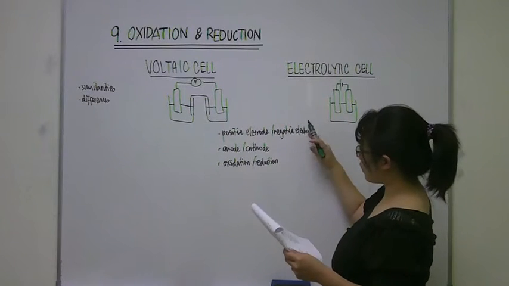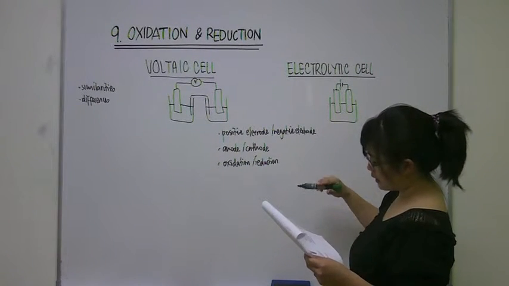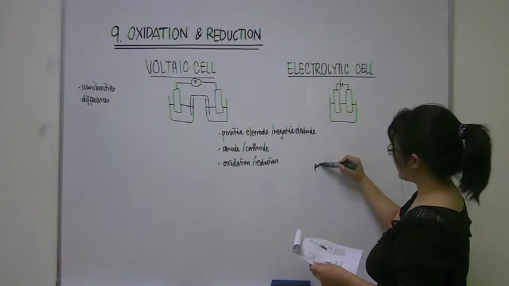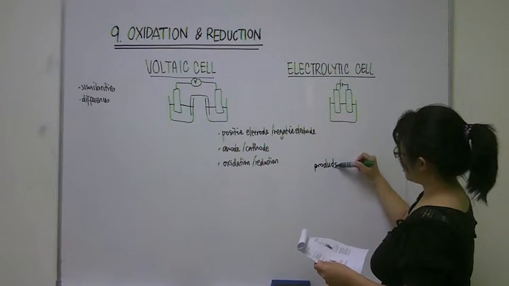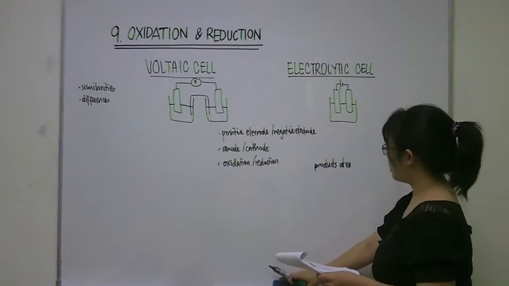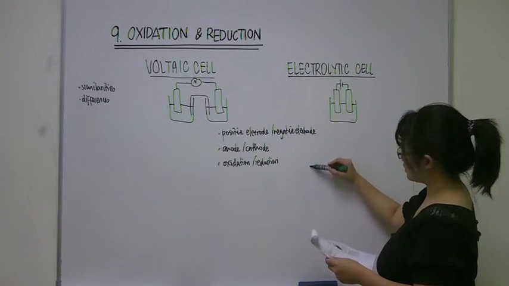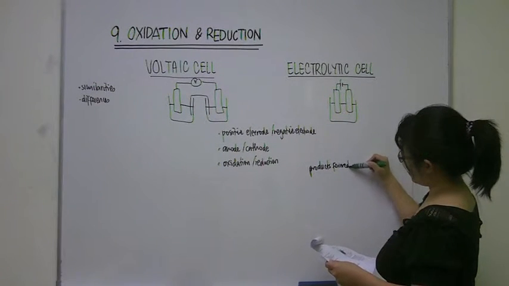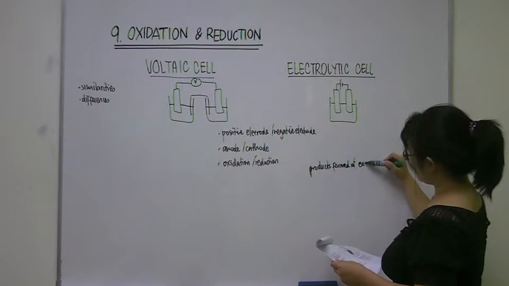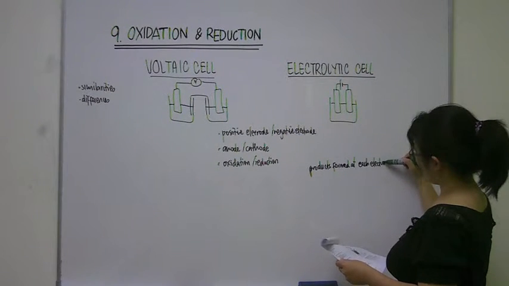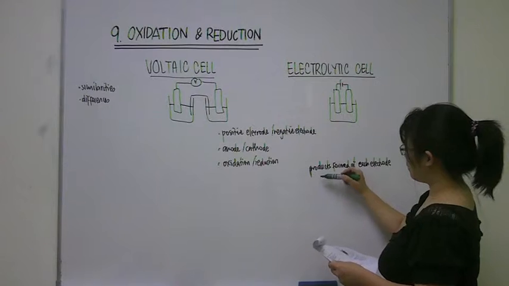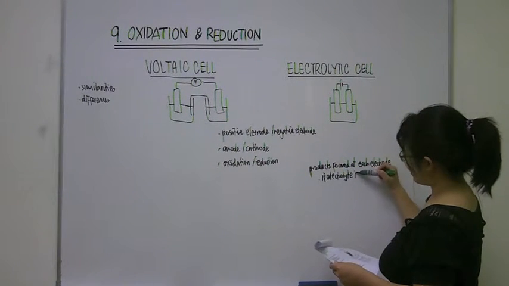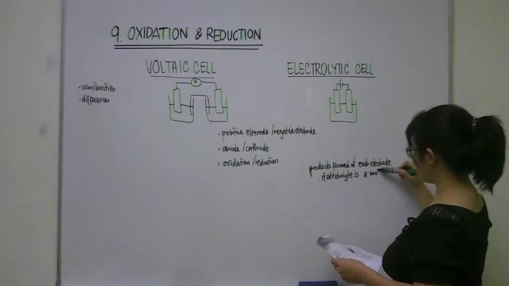For the standard level, these are what they need to know, and on top of that, they need to know how to determine the products formed at each electrode if the electrolyte is molten salt.